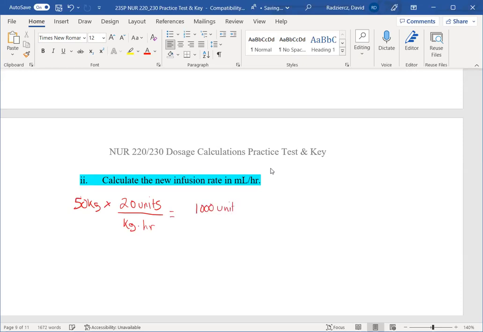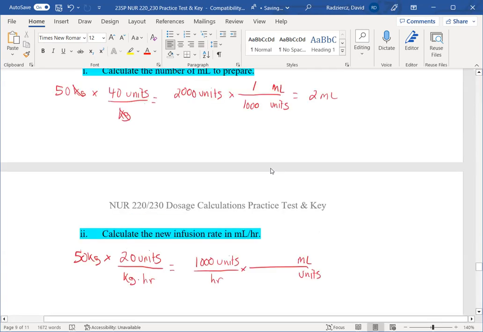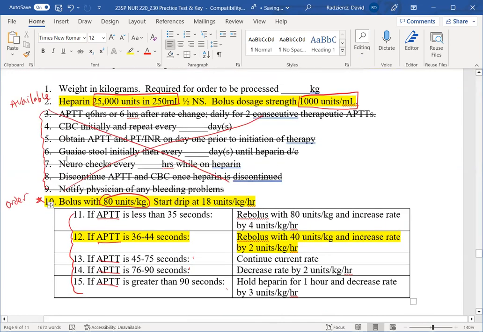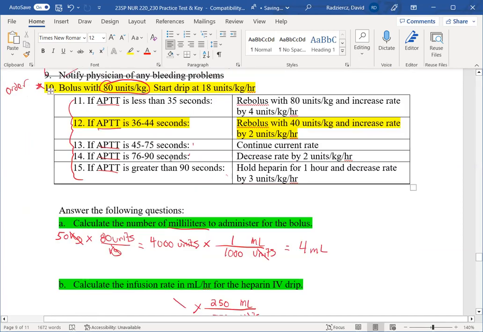This should look familiar. Then I'm going to convert units per hour to milliliters per hour. And in order to do that, I need to convert units to milliliters. I'm going to go back to my protocol where it tells me my available. My available again is 25,000 units and 250 milliliters, half normal saline.